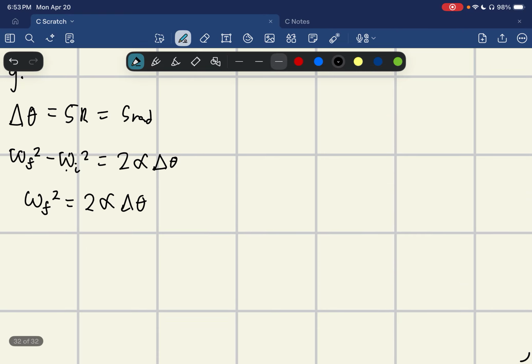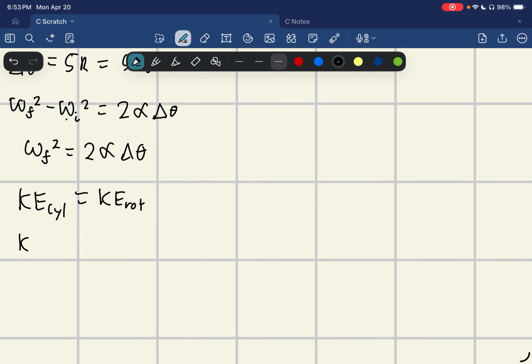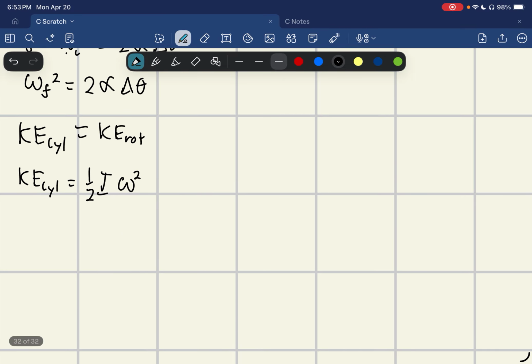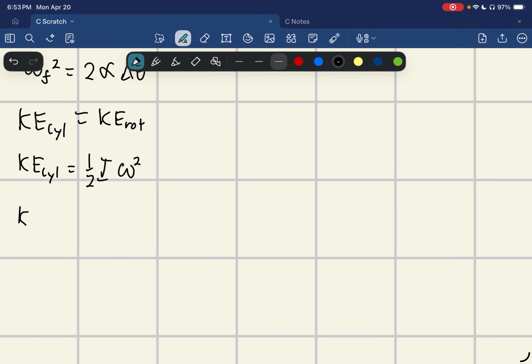Okay, so the kinetic energy of the cylinder is equal to its rotational kinetic energy. So KE of the cylinder is equal to 1/2 I omega squared, and omega in this case will be omega f. So KE of the cylinder is equal to 1/2 times its moment of inertia, 30 times 0.3 squared.